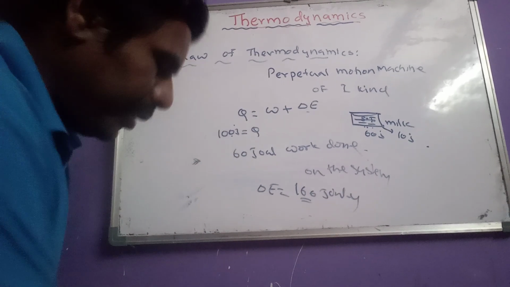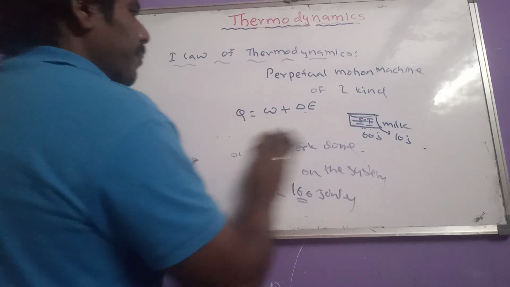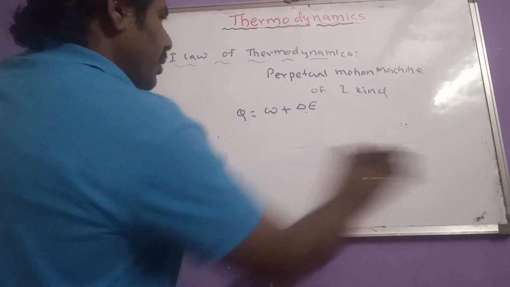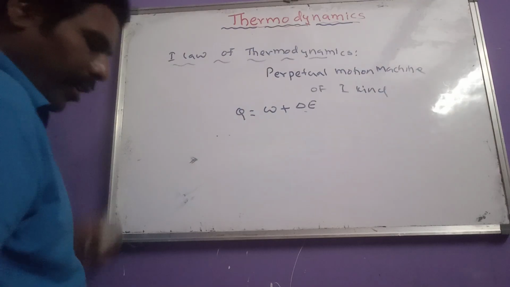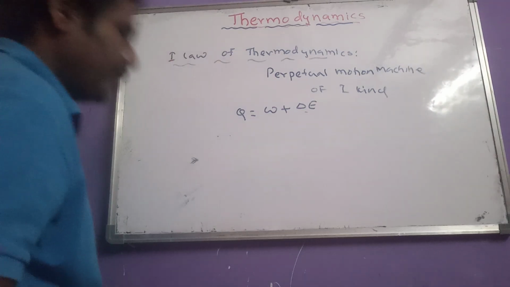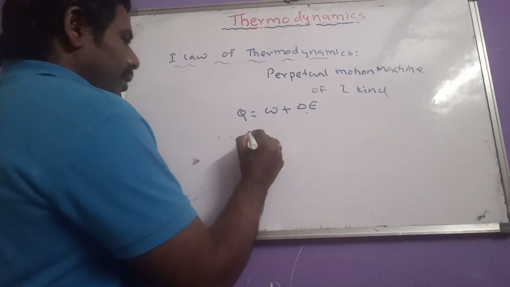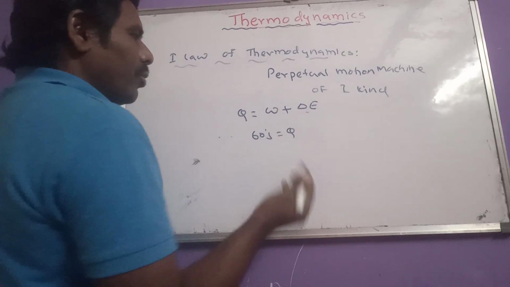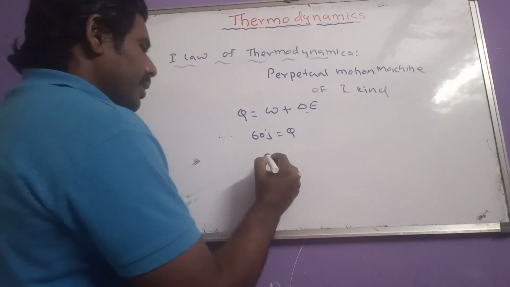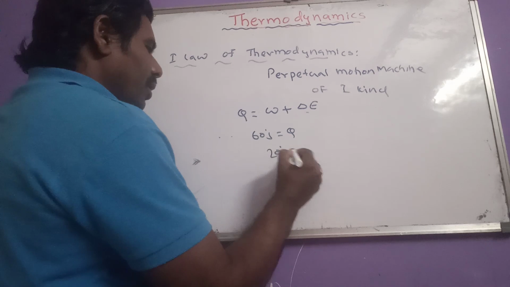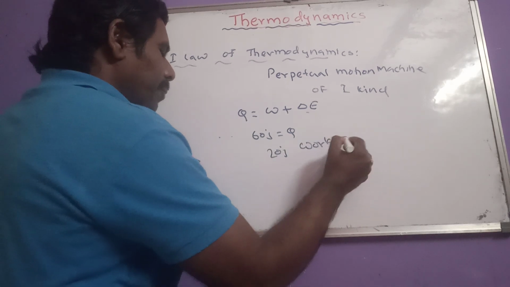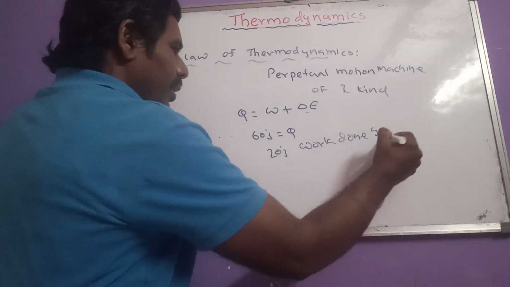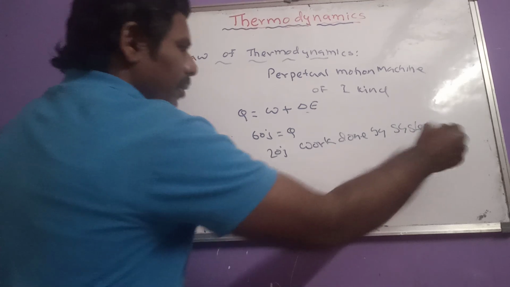So I give another question related to the same topic. Listen to that. For example, 60 joules of heat energy is given to the system and 20 joules of work is done by the system.